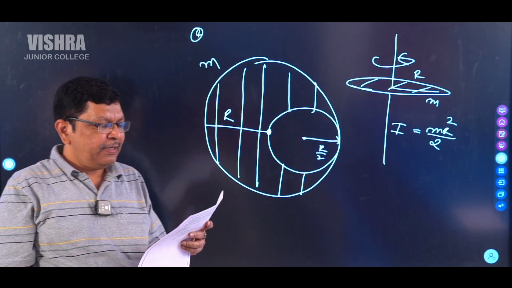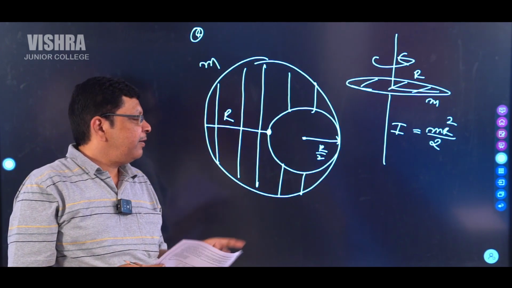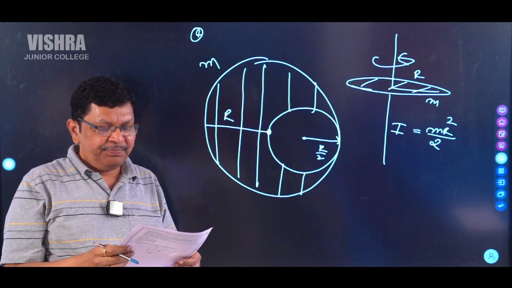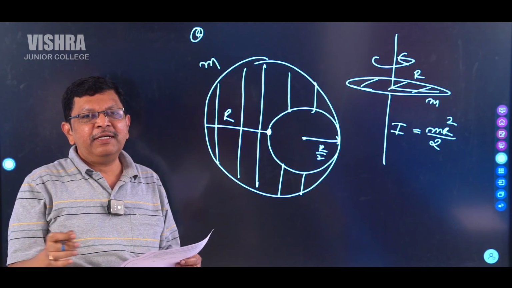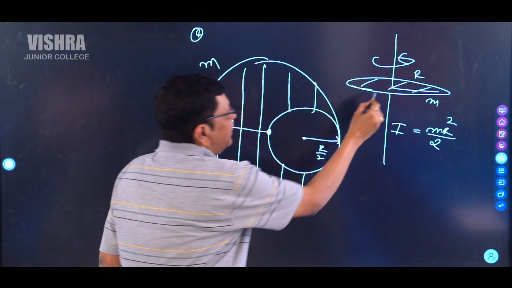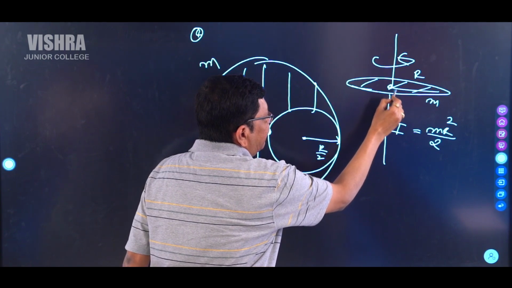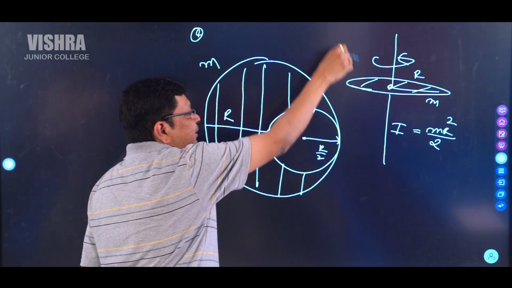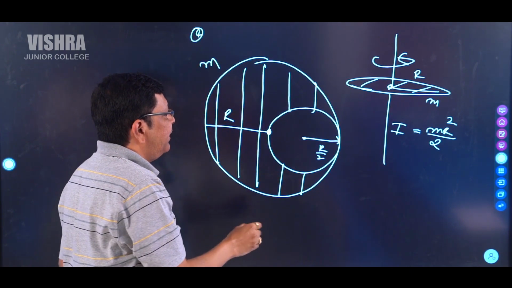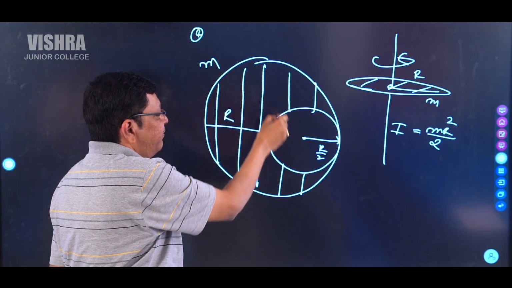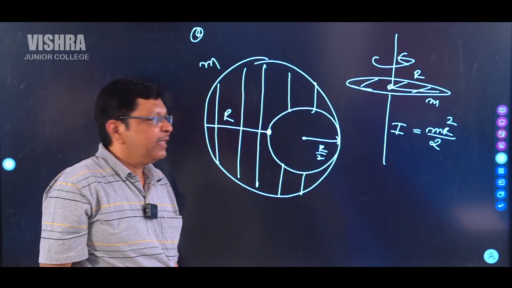The question is to find the moment of inertia of the remaining part of the disc about the axis given above, means about the same axis, that is passing through the center of the original disc only. He is asking the moment of inertia of the remaining disc.